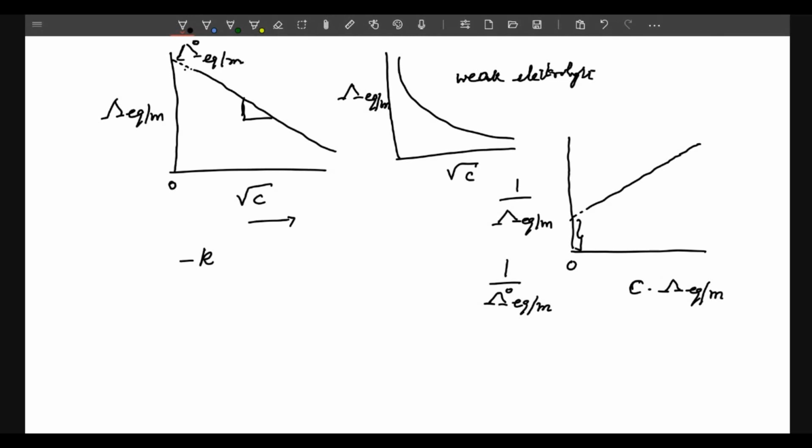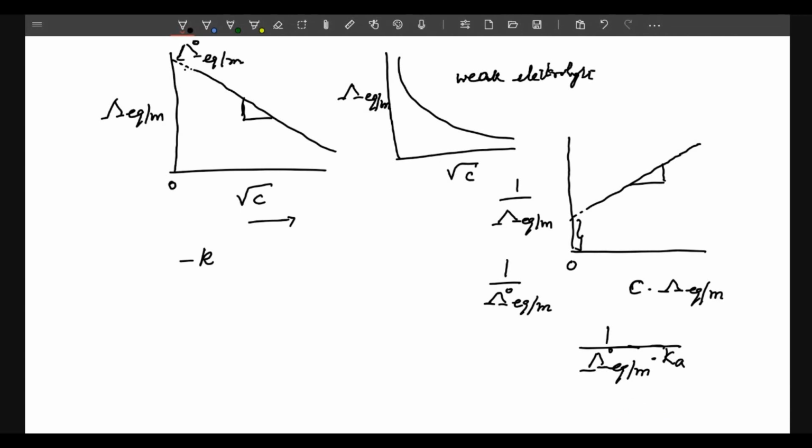We will discuss this when we discuss the Debye-Onsager theory, at which time we will discuss what k is and how to arrive at it. And for the weak electrolyte, the slope is nothing but 1 by lambda naught squared into Ka. Therefore, you should remember this.